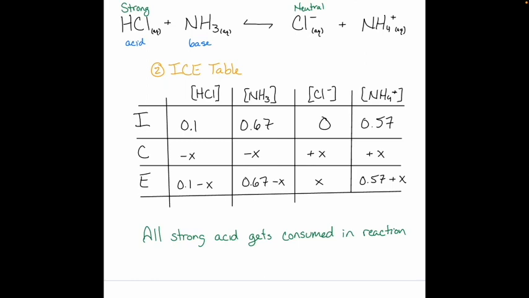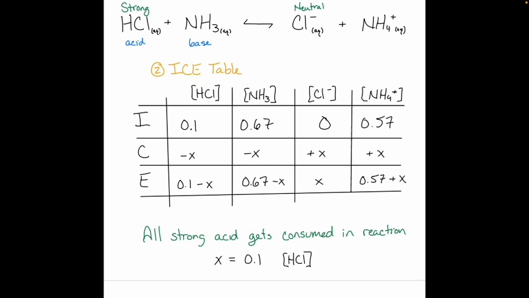It's going to dissociate 100%. So every bit of HCl that you added is going to react in this reaction here. Why does that help us out? Because that means that we know what x is. x is going to be that 0.1, our concentration of HCl, because again, all of it gets consumed.